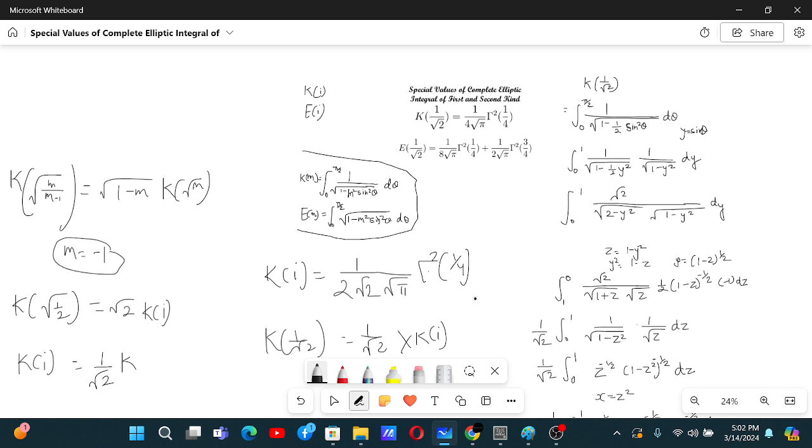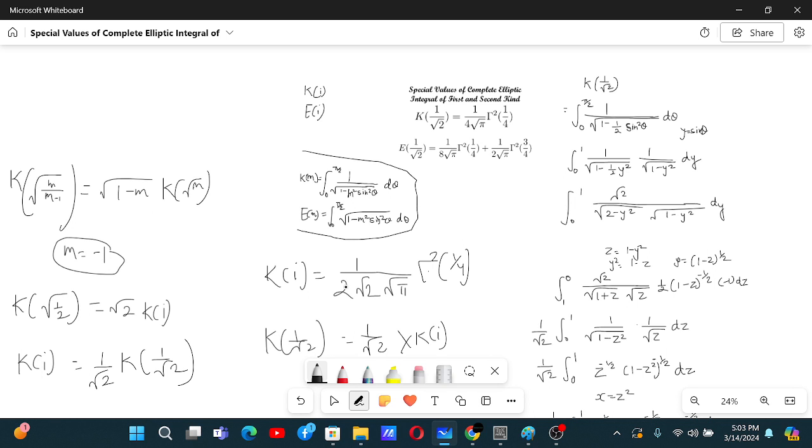So over here, K of I was this thing, and K of 1 by root 2 is 1 by root 2 times K of I. But here it is something different. I put m equals to minus 1, so root 2 times K of 1 by root 2, so K of I equals 1 by root 2 times K of I, root 2 times K of 1 by root 2. Is that what we were expecting? No, that was not what we were expecting. Just give me some time.